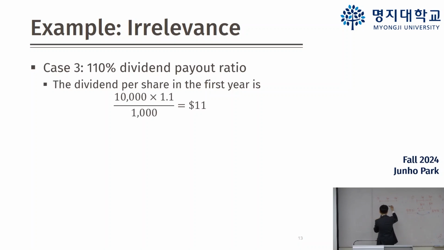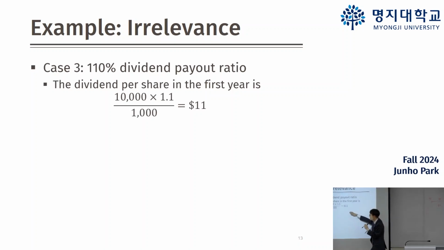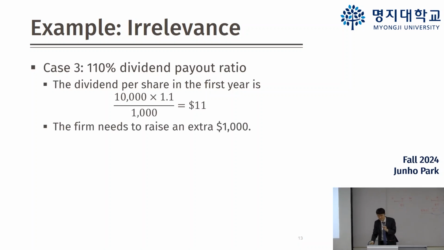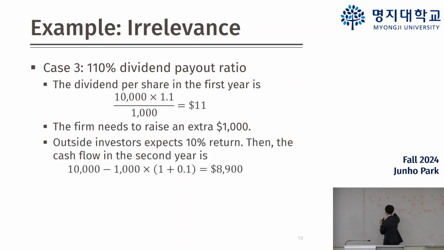So they try to give $11 per share to the shareholders. And as you can see, they only have $10,000, so they need an extra $1,000. And therefore, they should borrow it from the bank. So they borrow $1,000 from the bank, and they need to pay certain interest for the future.